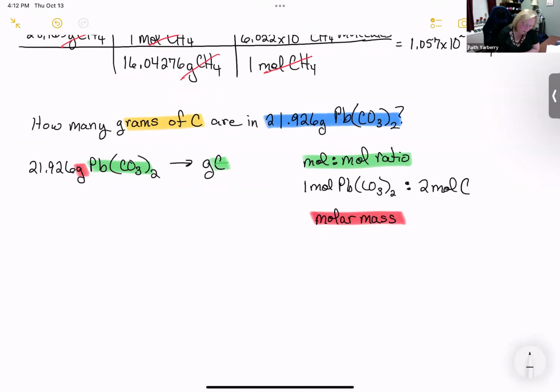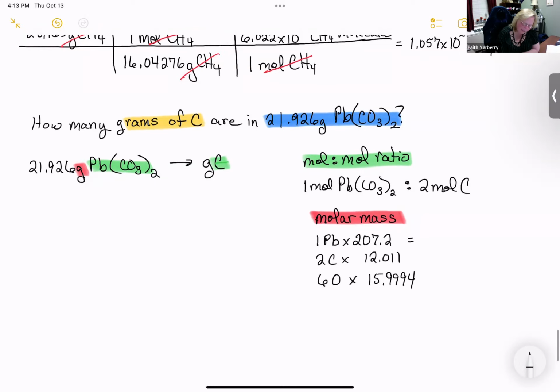So I have 1 lead at 207.2. I have 2 carbons at 12.011 each, and I have 6 oxygens at 15.9994. So the lead contributes 207.2.